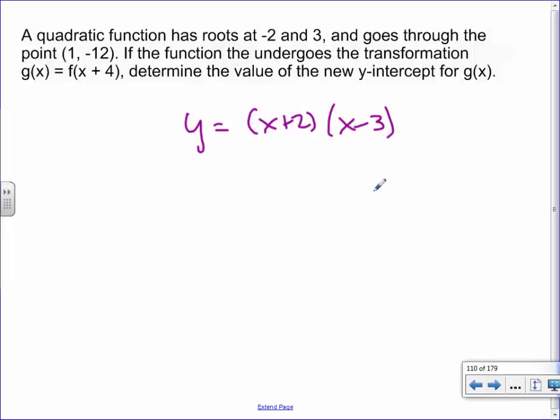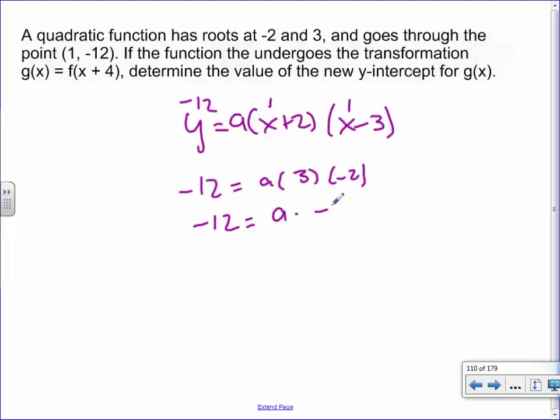So that's good. But what are we missing? Missing that leading coefficient again. So to find the leading coefficient, I plug in 1 for x and -12 for y, and I try to find that leading coefficient. So -12 equals a, that'll give you a 3, that'll give you a -2.